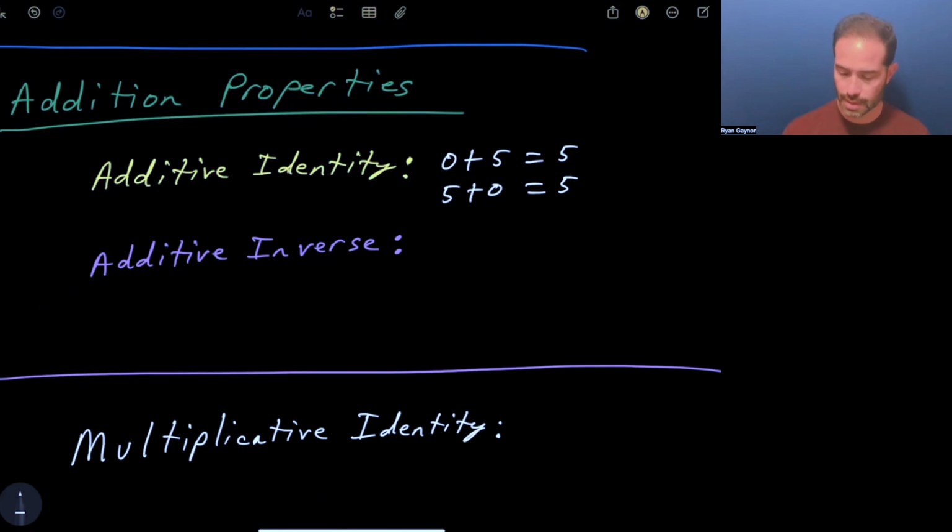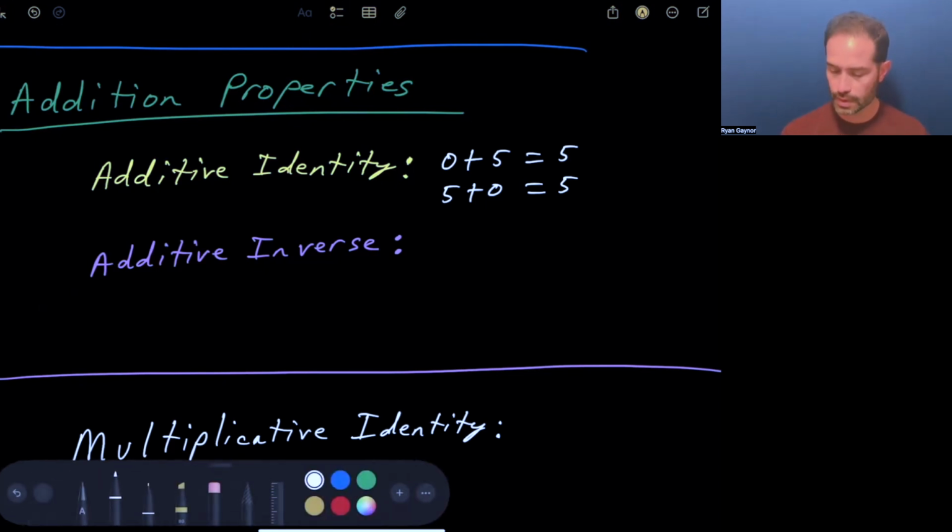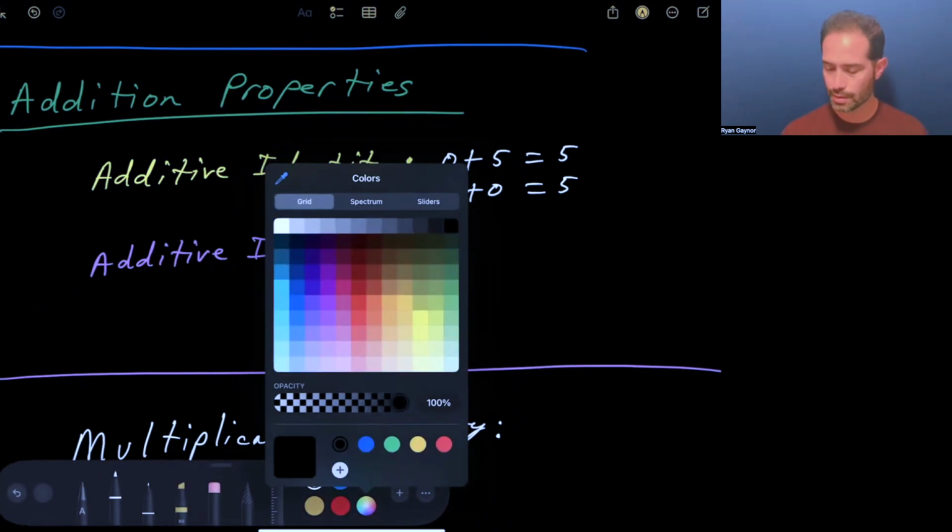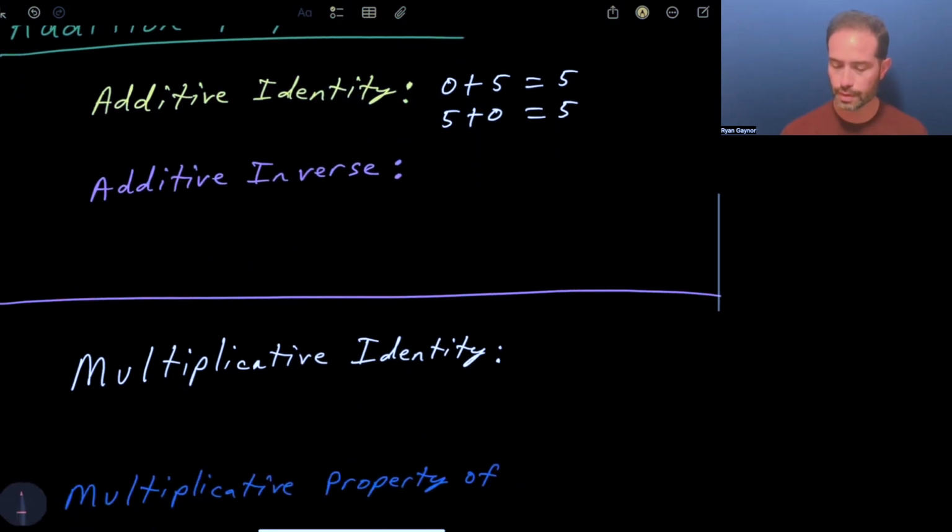Okay, so now we have additive inverse. So let's check that out. So for addition properties, we have additive inverse now. What does that mean? So a number and its opposite are additive inverses of each other. Well, if I say something like 7 plus -7, well, that's actually just 7 minus 7, which equals 0.